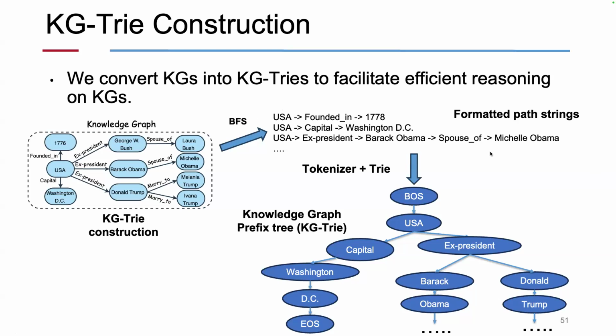Then we can feed them as strings. We utilize the tokenizer to tokenize them into lots of tokens, and then we can build a tree structure. Starting from the beginning of the sentence, we can have USA, and the relation capital of, Washington, DC, and the end of the string. Each path on the tree basically traverses a single path in the knowledge graph.